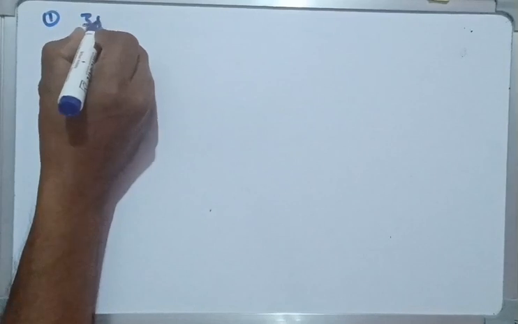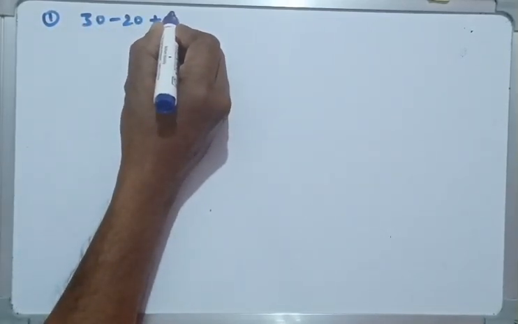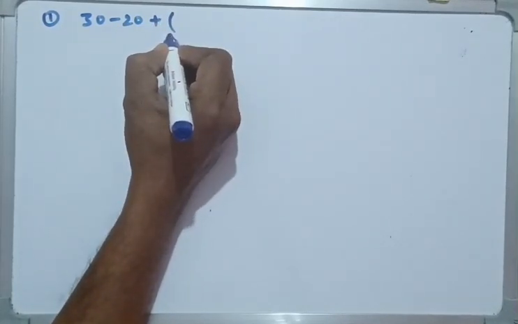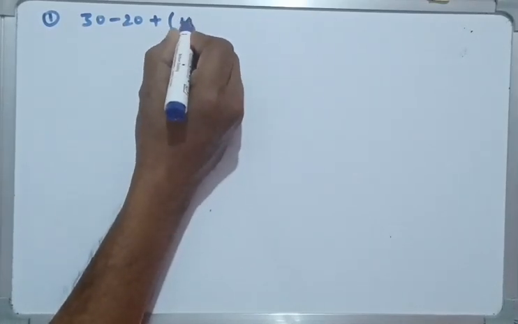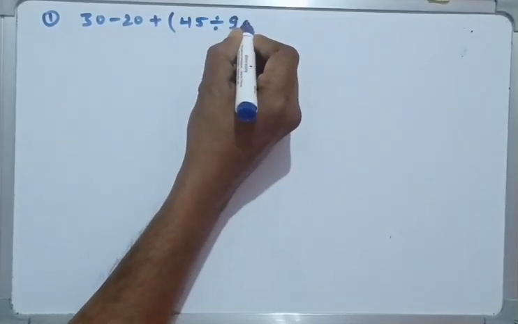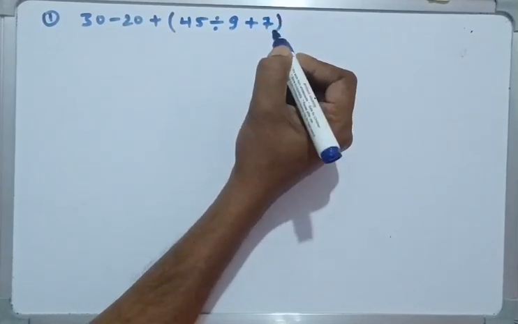Guys, now we will take one mathematical problem. See this first one: 30 minus 20 plus, start with a left round bracket, 45 division 9 plus 7, then close the round bracket.